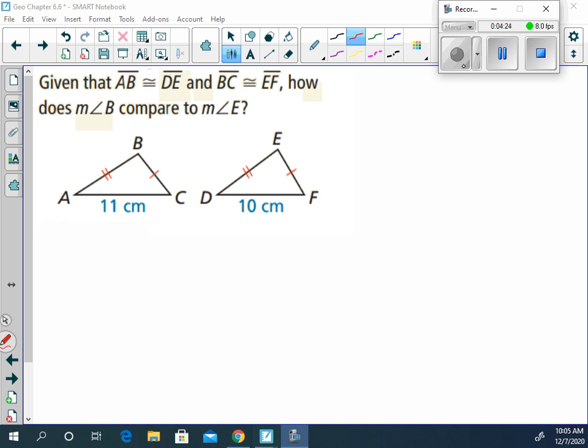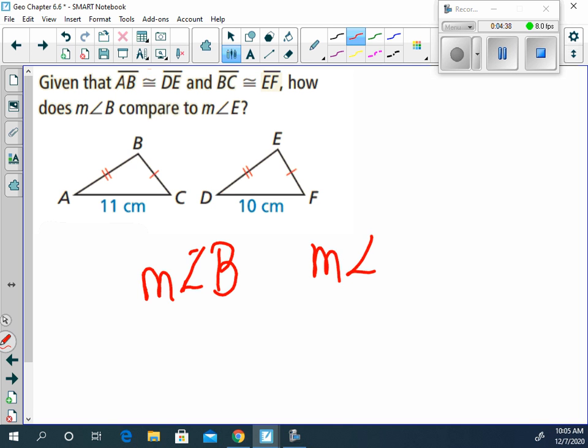All right, let's look at this next one here. We have two sets of congruent sides in the triangle, and we want to compare the measure of angle B to the measure of angle E. So we need to look at the sides and see which one's bigger. Is AC or DF bigger?